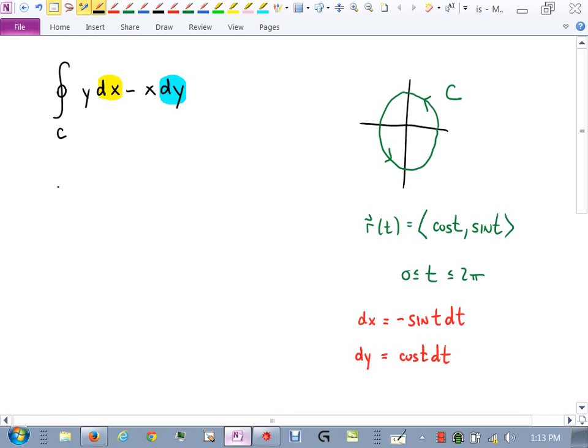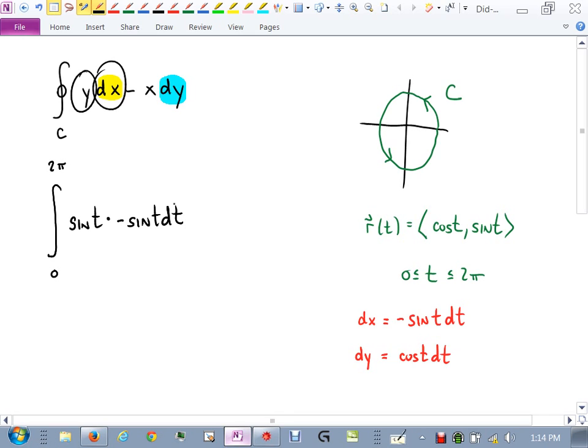So this becomes the integral from where to where? 0 to 2 pi. Okay, we're doing the y first. What's y? Sine t. So we have sine t times dx, which is what we just found, negative sine t dt.